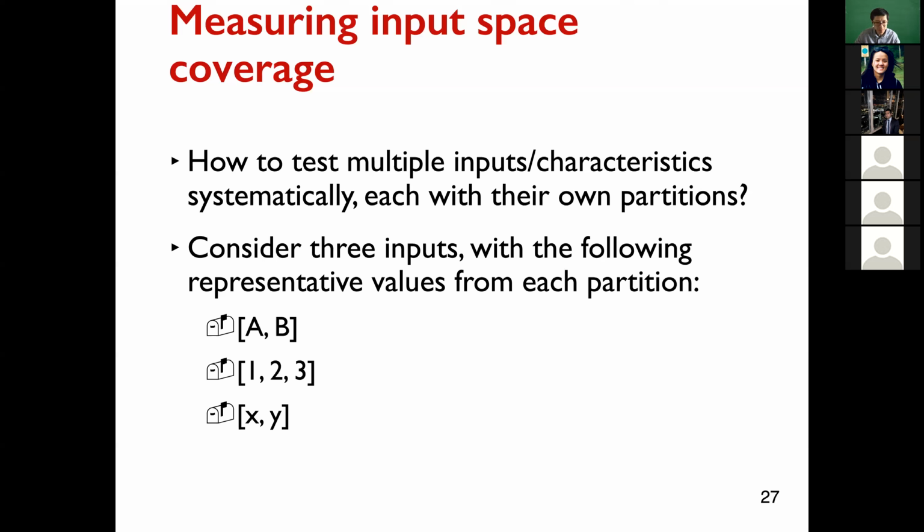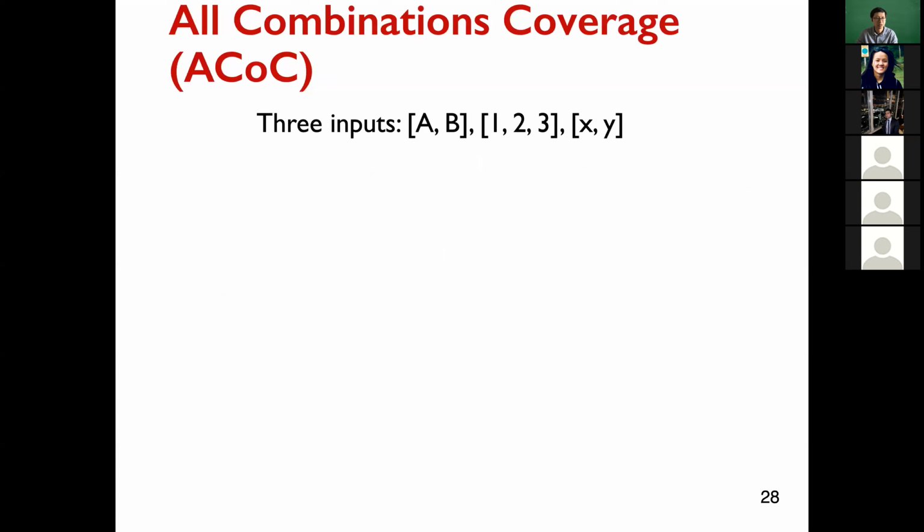Okay. Actually, we have different approaches to do this measurement. The first approach is all combinations coverage, or ACoC, for these 3 inputs. So we want to cover all the combinations of these representative values.